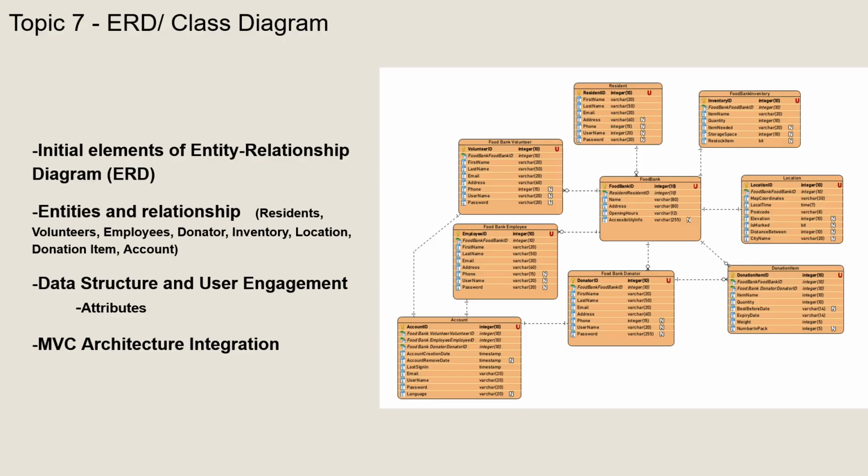Because the entities link to the model, representing data and objects, which provides the communication for our food bank application, and the attributes, the data within the entities, contribute to defining the data models. Finally, the ERD will form the backbone of our web application. It guides the creation of a robust data structure.